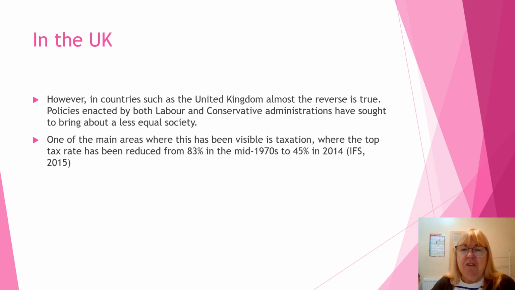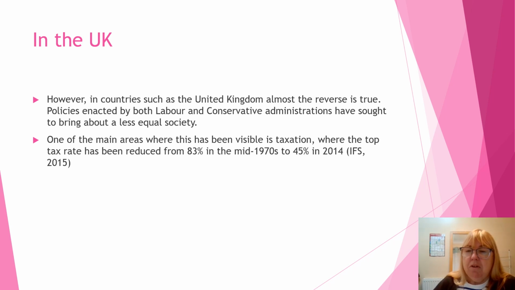However, in countries such as the UK, we've got a bit of a reverse view. Over the last, I would say, 30 or 40 years, some of the policies enacted by both the major parties, mainly the Conservatives, but Labour have done their share, have sought to bring about a less equal society.